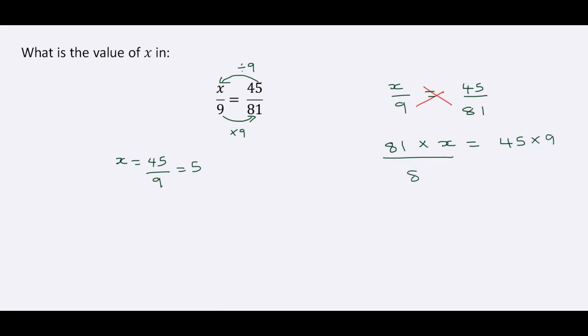We divide both sides by 81, and so 81 crosses itself out. 9 divided by 9, we have 1. 81 divided by 9, we have 9. 45 divided by 9, we have 5. So x equal to 5, which is the same over here.